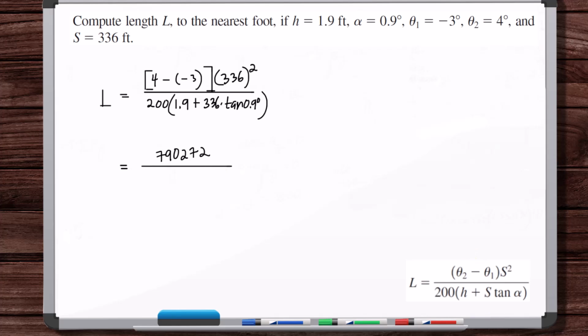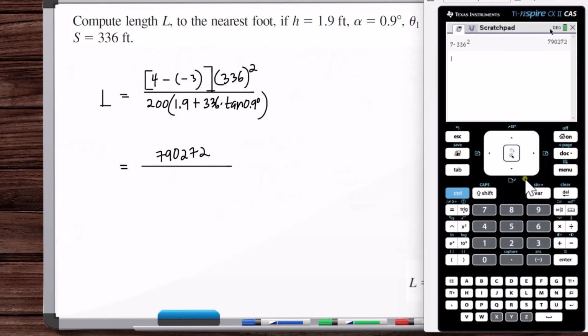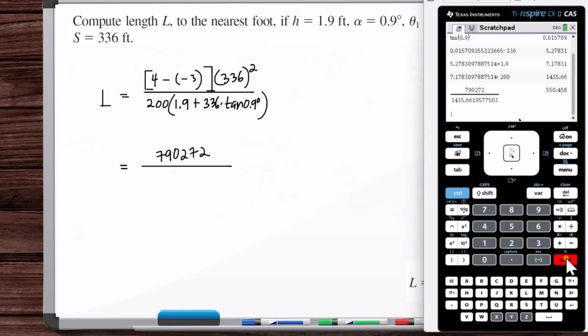Okay, and then we've got tangent of 0.9 times 336 plus 1.9 times 200. And then what we can do is just go ahead and do the division here. So this divided by this.